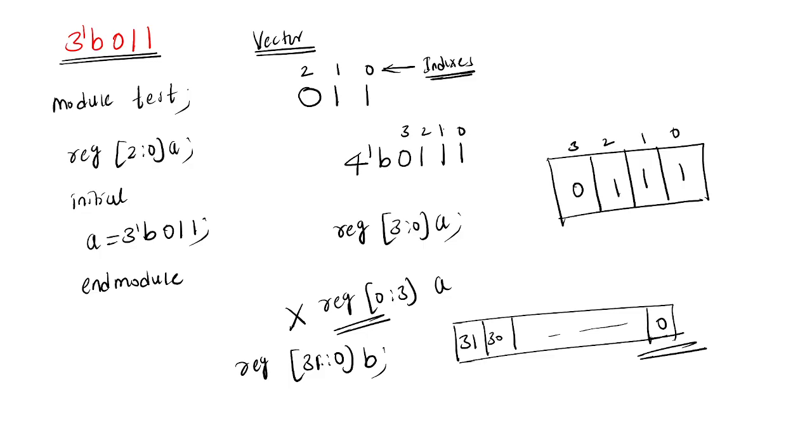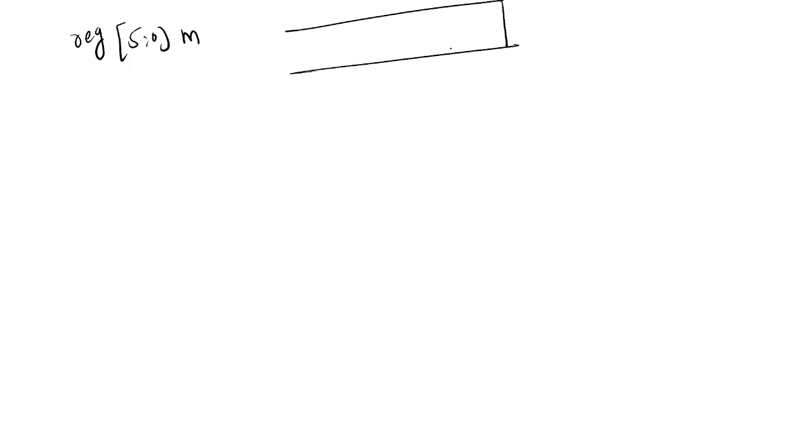Suppose next I want to store a 6-bit value. How will I declare it? reg [5:0] m. In this I want to store a total of 6 values, 0 1 1 0 1 0.